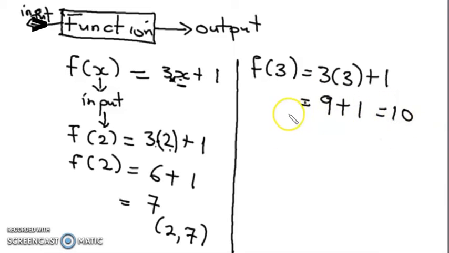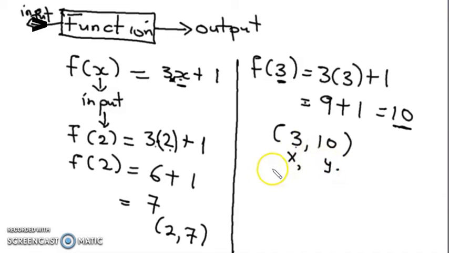So this means that when we input 3 into this function, the output is 10. So our coordinates will be (3, 10), since the input was 3 and the output we got was 10.